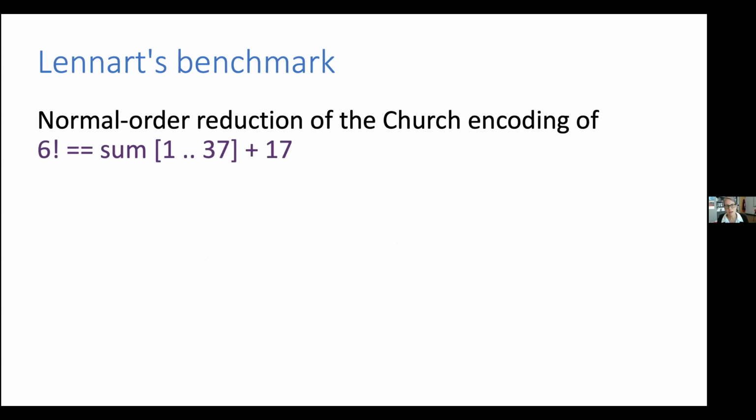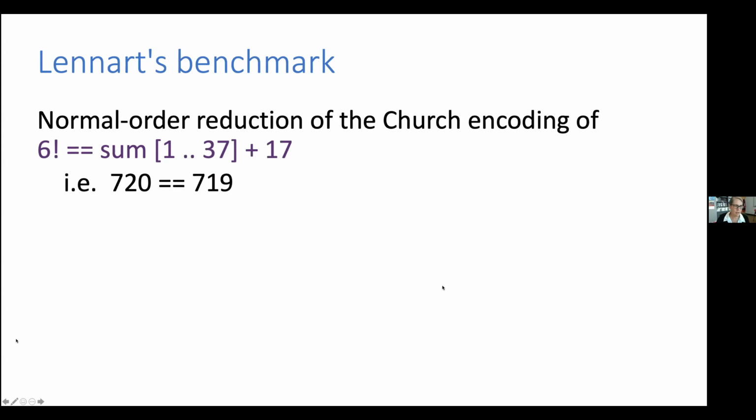He took the Church encoding of this particular expression: the factorial of 6 equal to the sum of the numbers 1 through 37 plus 17. Why did he pick this? We're really asking whether 720 is equal to 719. When we normalize this term, we get the Church encoding of false. They're not equal, but we have to do a lot of work to find that out.